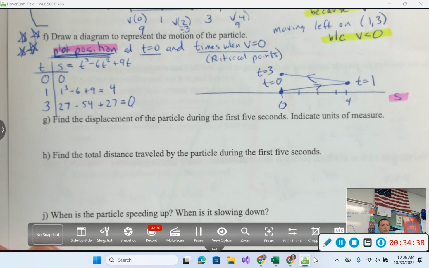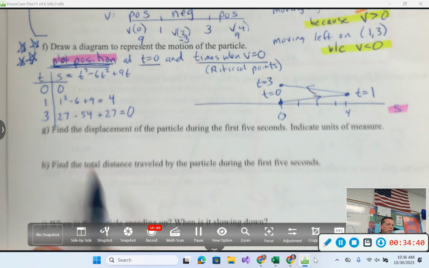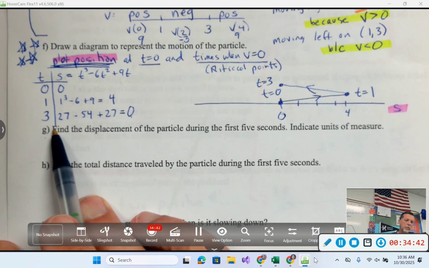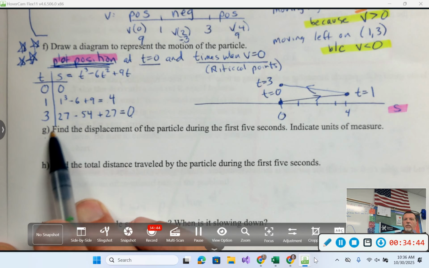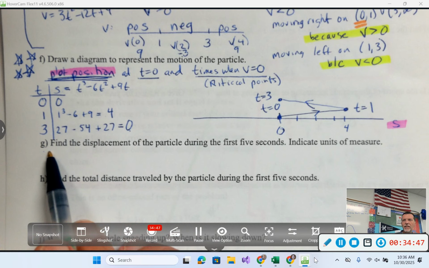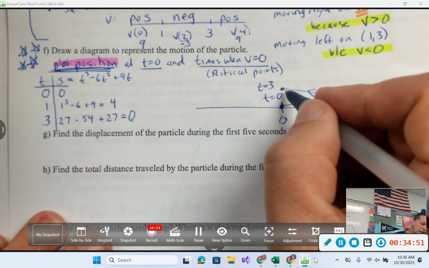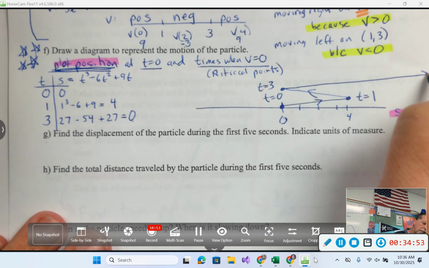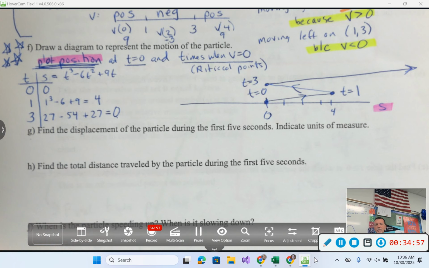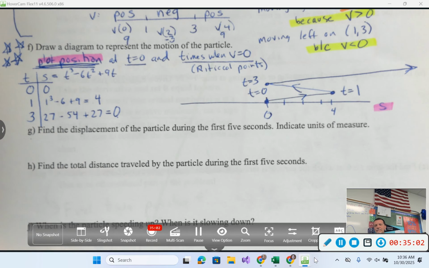And then, which way do I go after that? I didn't put any more points down here. But which way are we moving after 3? Look back at that. Moving to the right from 3 to infinity. So we take off that way. So that's the motion diagram. Great.